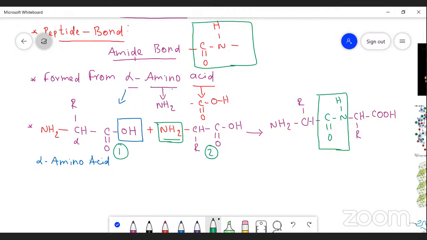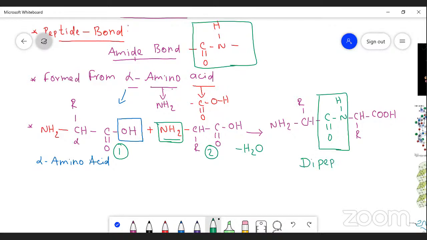How will you form it? We take two amino acids. Then two amino acids react together by removal of water. We get a peptide. Now this peptide we may call a dipeptide.